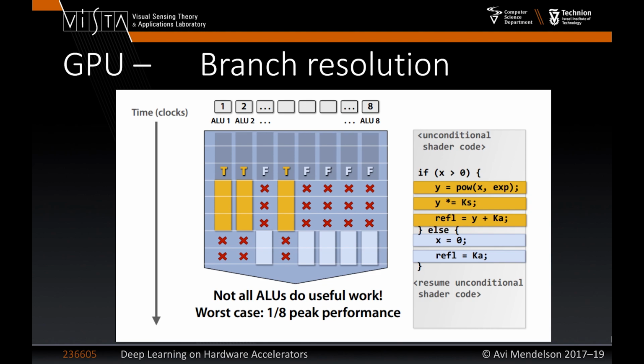What they are doing is a trick, and again, nothing here is really new. It is just putting together a mixture of techniques. So what they're doing is using predicates.